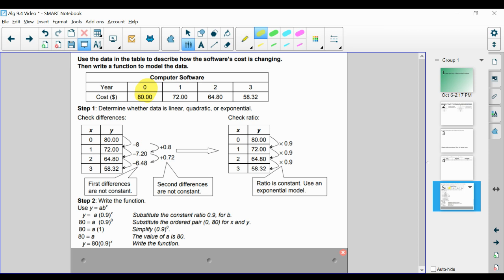But the guided notes show you how to do it in case you don't have your x value as 0. You can plug in x comma y and we would still end up with the same answer, but it might be a little bit more work. So if we are given a table and our x value is 0, the y value is going to be your a. That's your starting point, because that's where it's hitting the y axis.